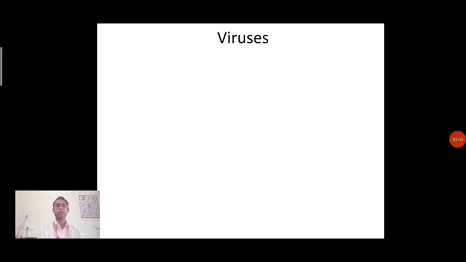Now as we know that viruses are the non-living structures, or we call them particles, which are present in nature, and they will get active when they get the particular type of host. So they are obligate parasites, or we can say the viruses are the non-living particles which will get activated when they get the proper type of host.